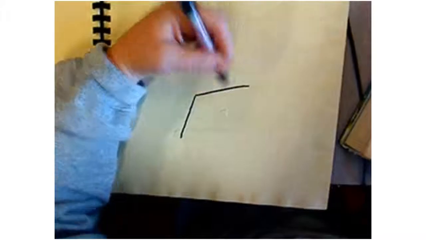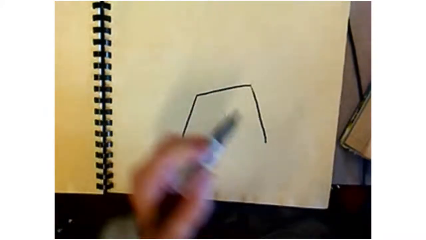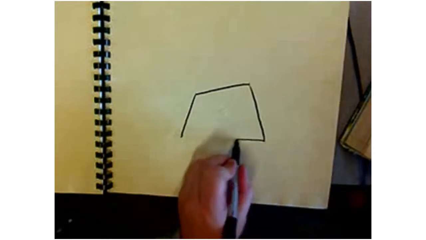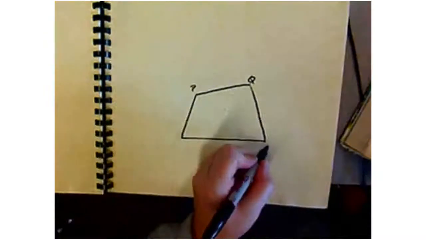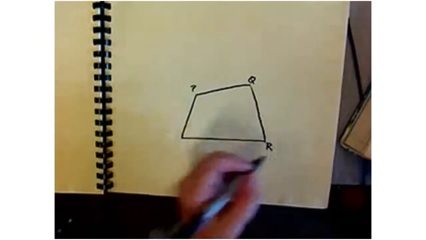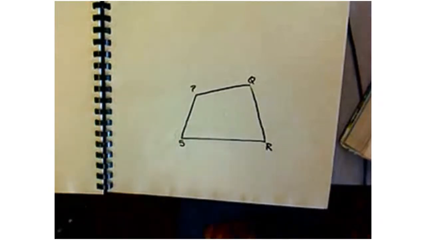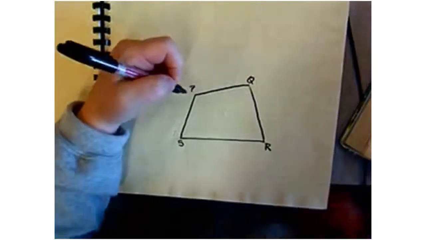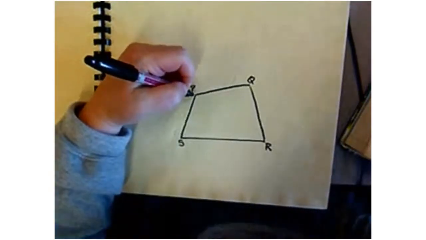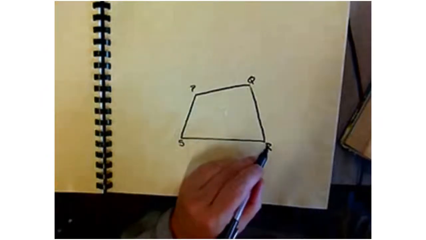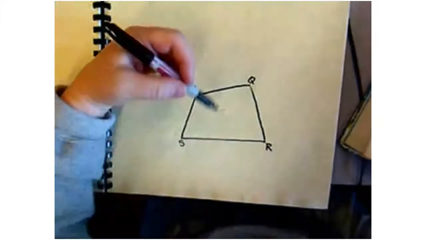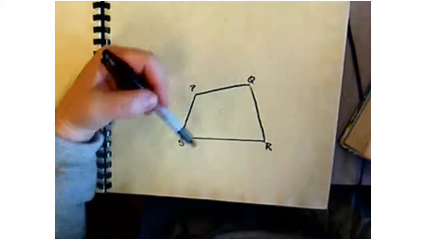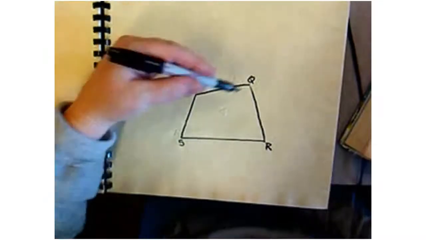They didn't label the vertexes in Braille, but it's still P, Q, R, and S, starting top left, and then top right is Q, and bottom right is R, and bottom left is S. So P, Q, R, S. And the top left to the bottom right vertexes, those are non-consecutive vertexes. They're opposite each other. And then they're showing also the top right Q to the bottom left S. Those are two non-consecutive angles.